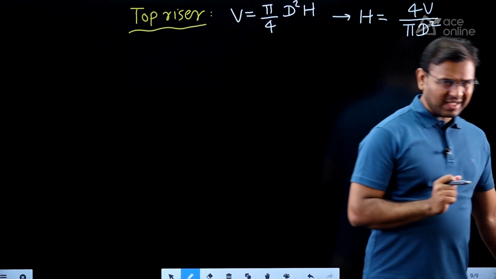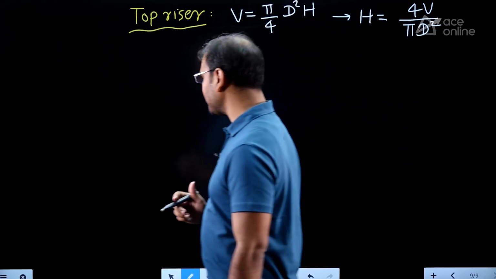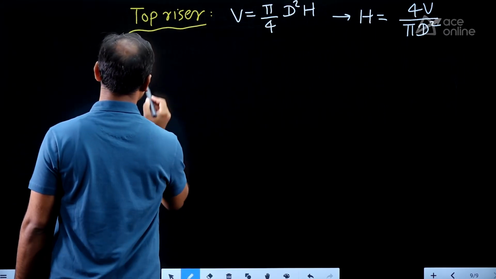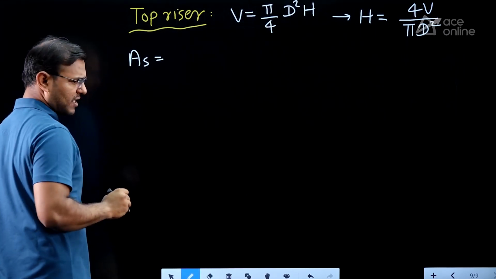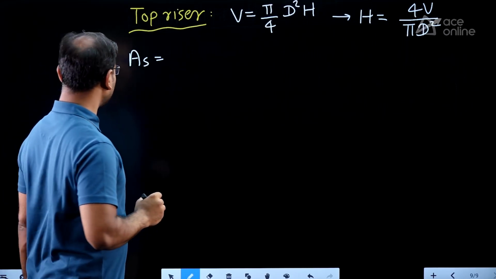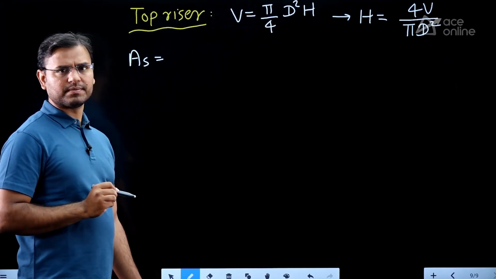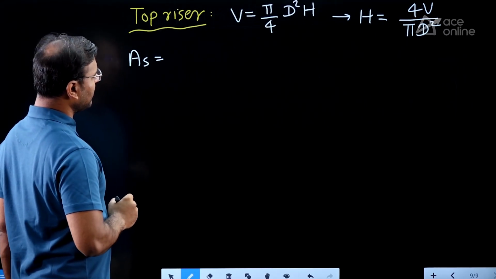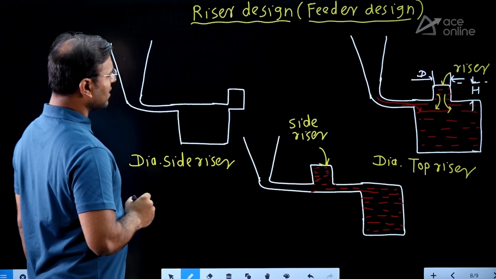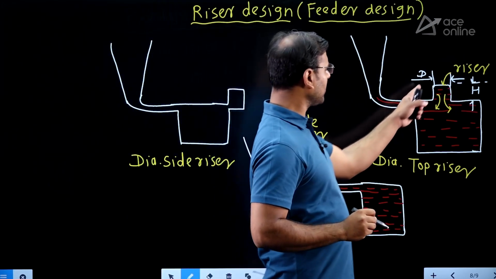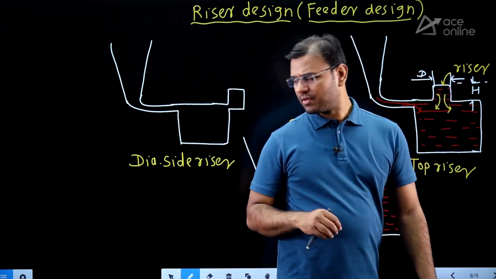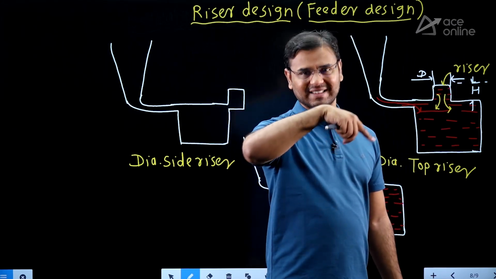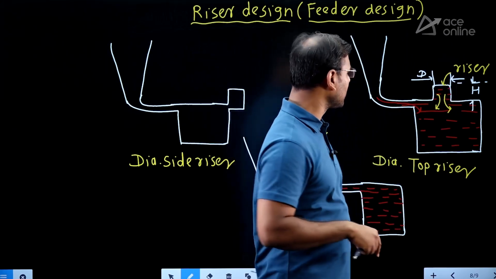Now guys, here we have to write the surface area exposed to heat transfer. What is the surface area exposed to heat transfer? The top surface is transferring heat, and the vertical lines, the curved lines, are also transferring heat.